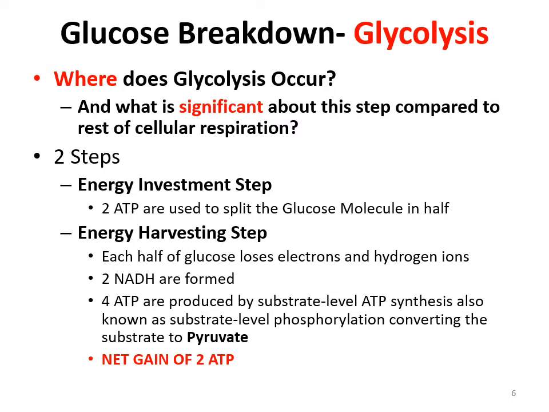Okay, so it took some energy to break that glucose molecule, but now from those halves of glucose, the cell is going to be able to yield 2 ATP. And it does this with what we call substrate level phosphorylation, which I'm going to show you a picture in a minute. I just first want to show you a summary, a visual summary of the inputs and outputs of glycolysis.